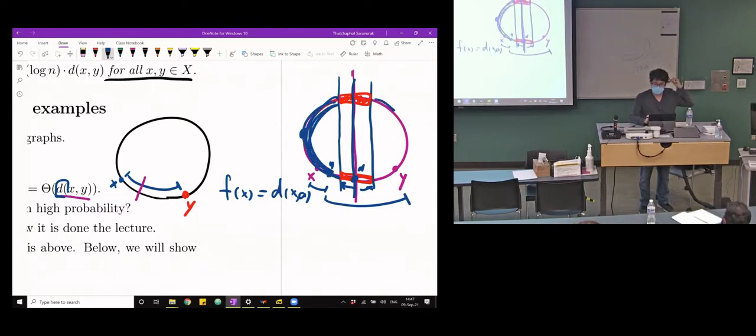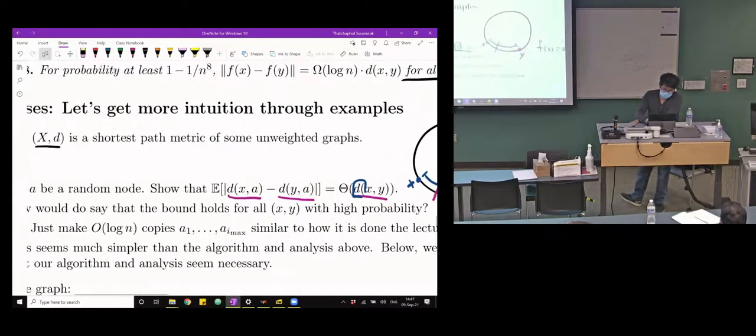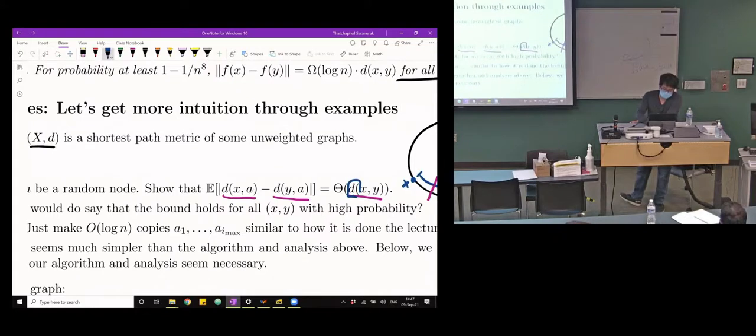So you just need to convince yourself that the red area is always at most half of all the area. So actually, if the graph is a cycle, then if you just choose a random point and define the mapping to be the distance to that random point, then you're done already, at least in expectation.